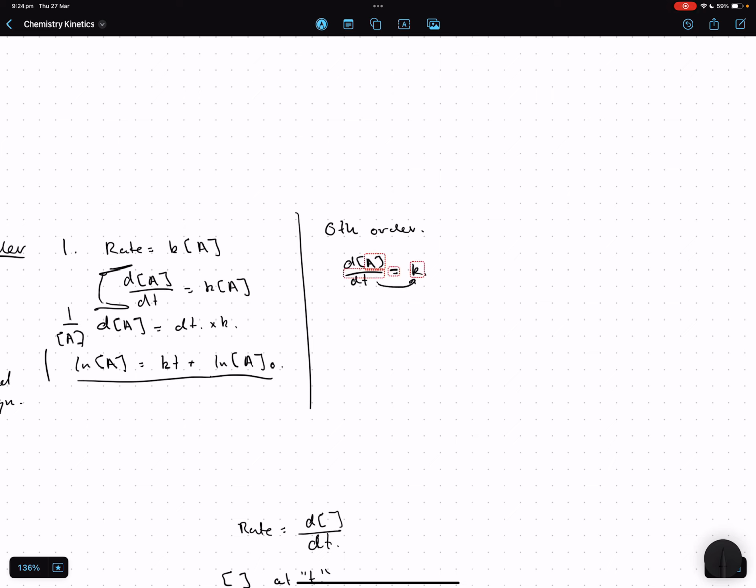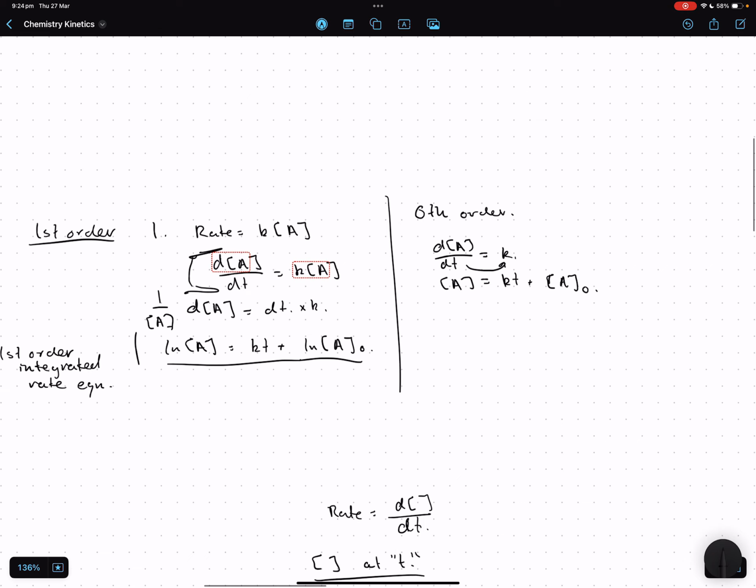So A equals kt plus the initial concentration, so this should be a straight line that we get if we plot the concentration.